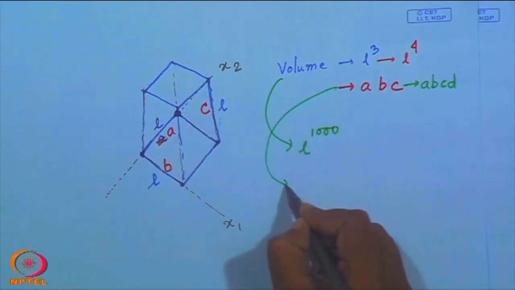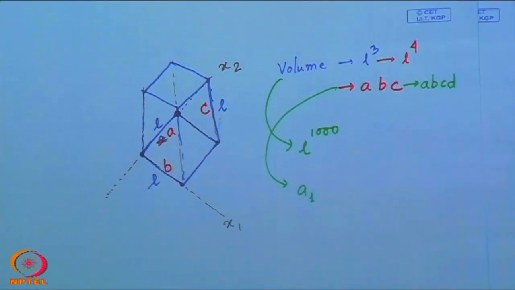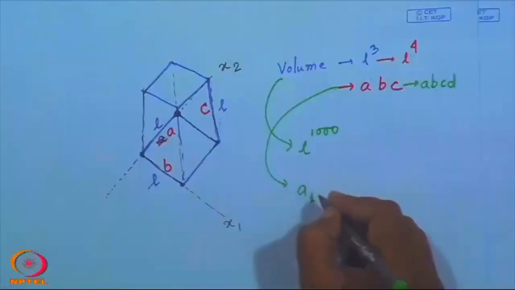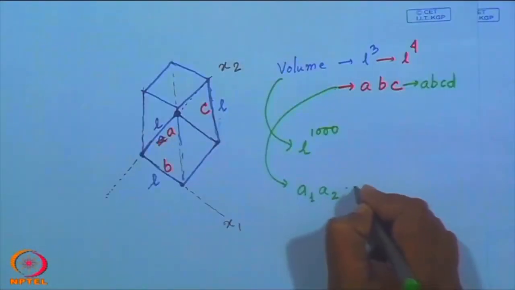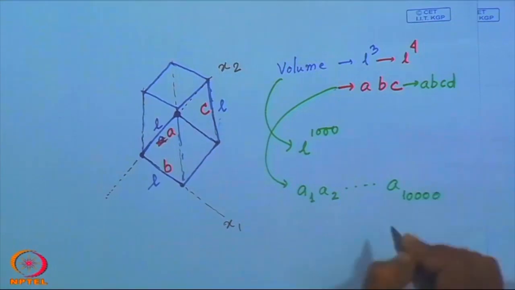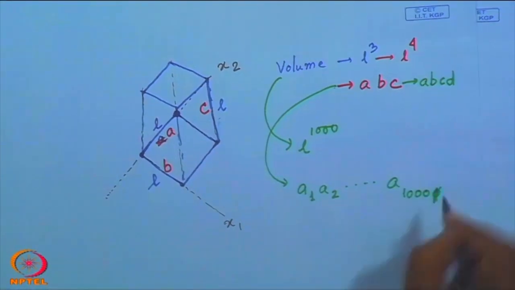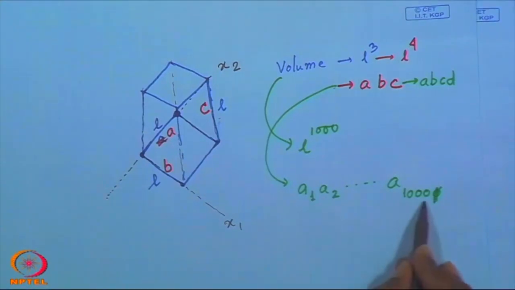Considering from here, if A1 is the length of the hyperparallelepiped in the 1st dimension, A2 is the length in the 2nd dimension, and like this, A1000 is the length in the 1000th dimension, then the volume of the hyperparallelepiped will be A1 into A2 into A3 up to A1000.